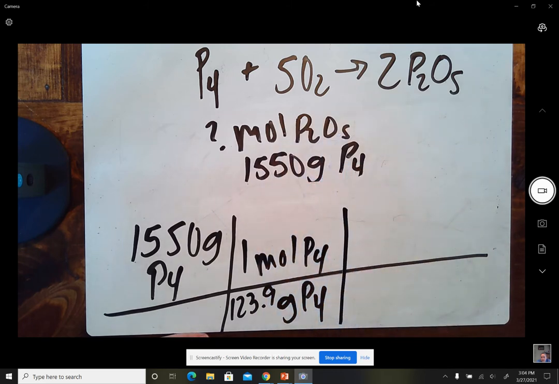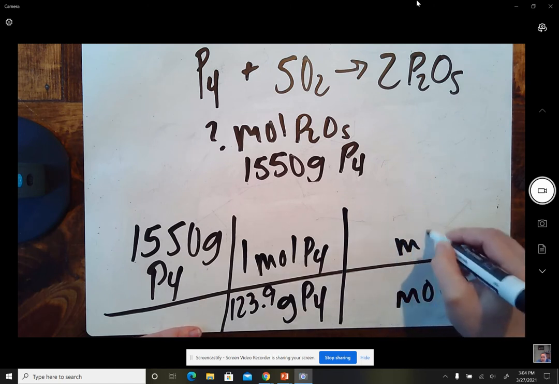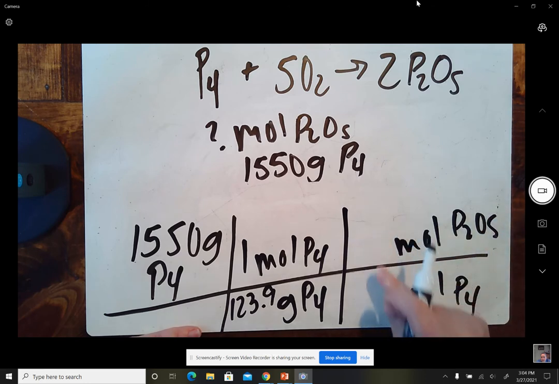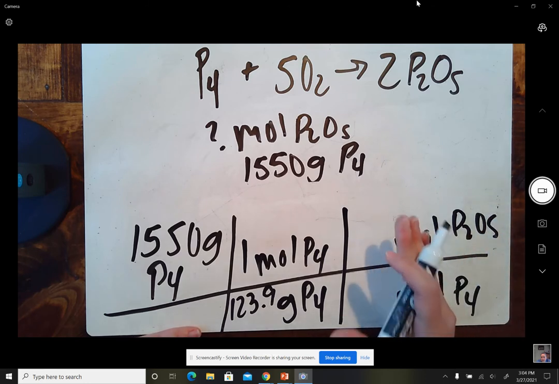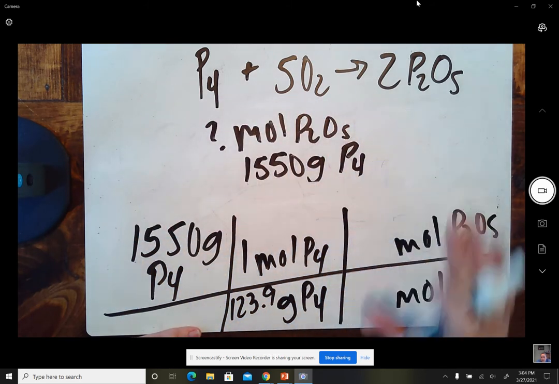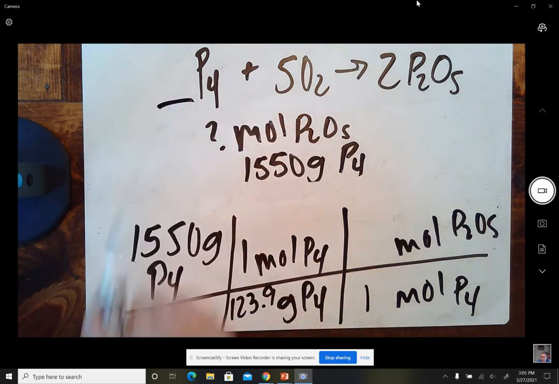So I've got to do one more conversion factor. Old unit goes on the bottom. I'm going from moles of phosphorus to moles of P2O5. What numbers do I put here? Well, that comes from the coefficients in my balanced chemical equation. So I've got 1 would go here because that's my coefficient in front of phosphorus.